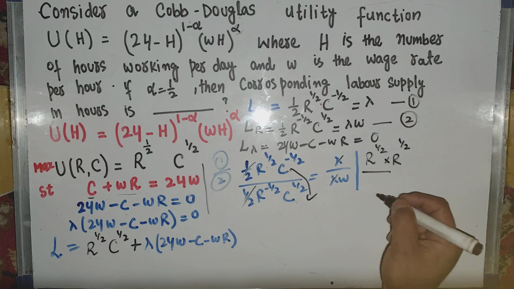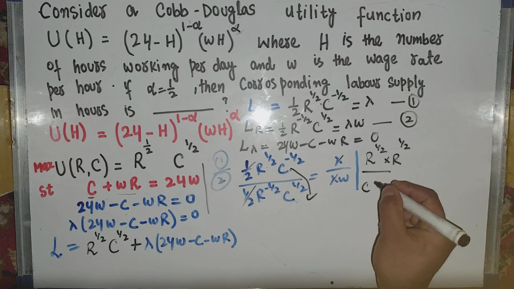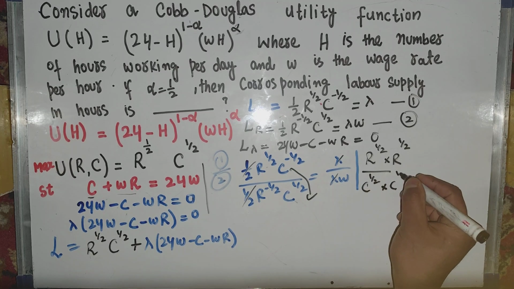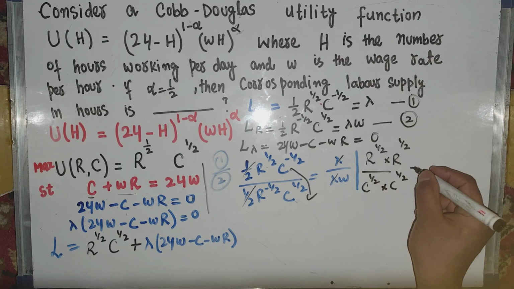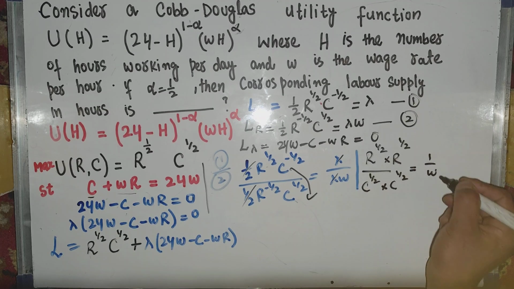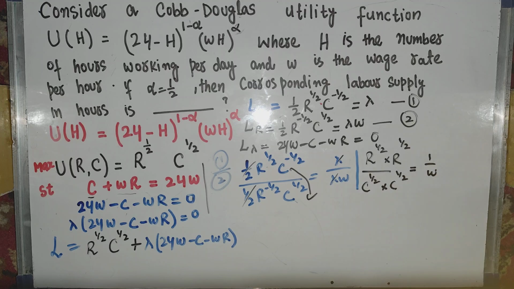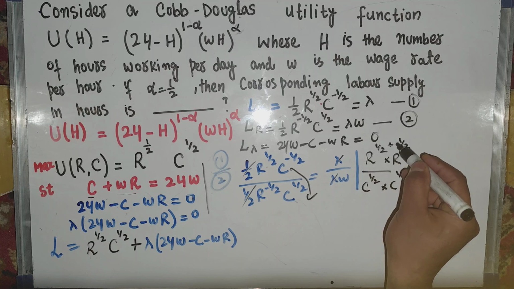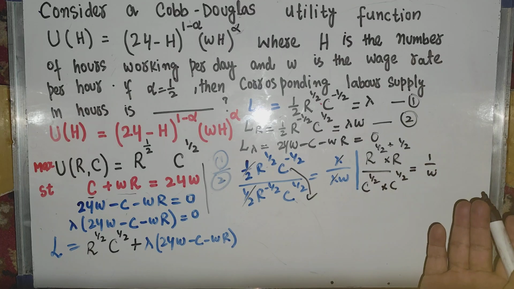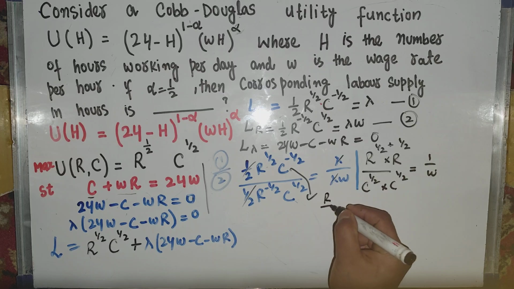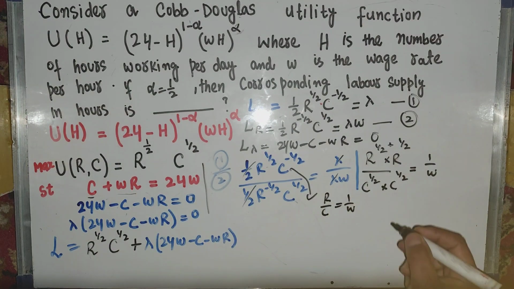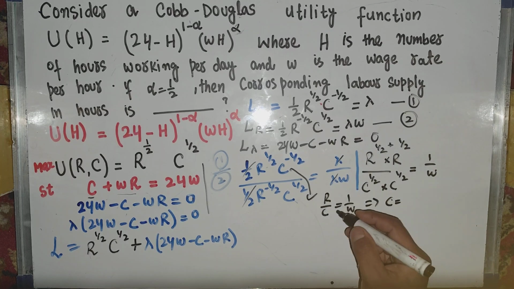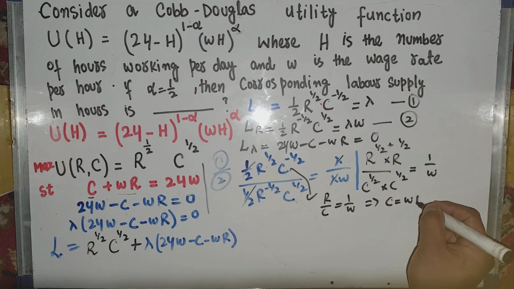Transposing this C here, we have C raised to the power 1 upon 2, and since the exponent sign changes, minus 1 upon 2 becomes plus 1 upon 2, which should be equal to 1 upon W. The bases are the same, so we can add up the exponents: half plus half is equal to 1. So we get R upon C is equal to 1 upon W. Solving this for C, cross multiplying, C is equal to W times R.